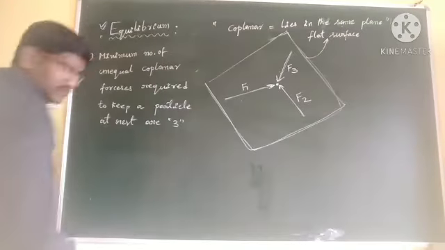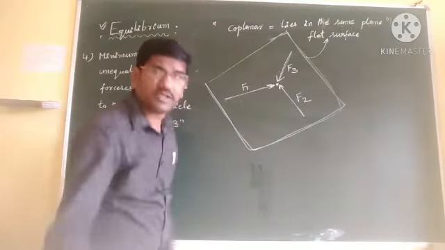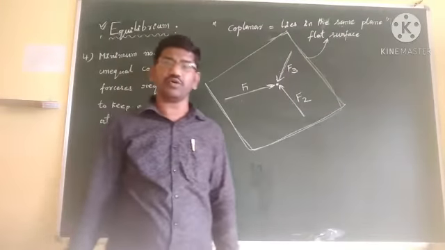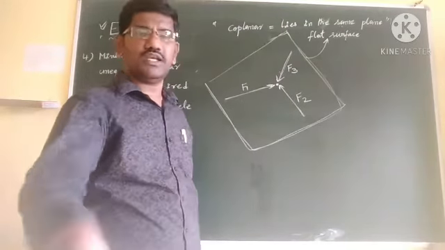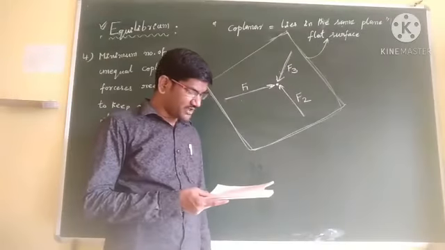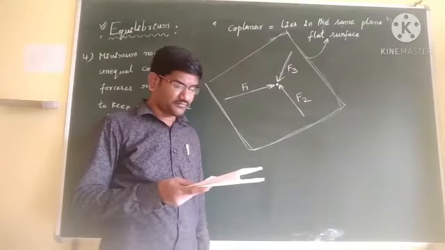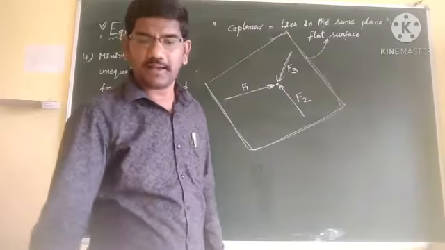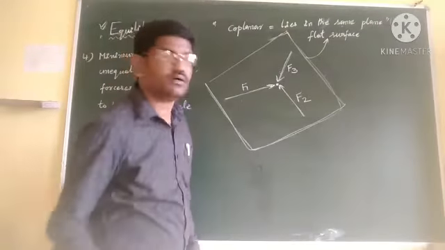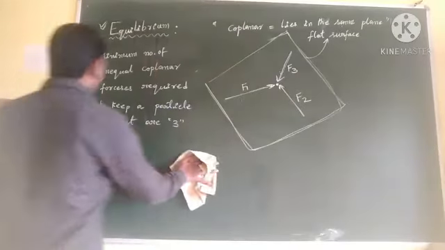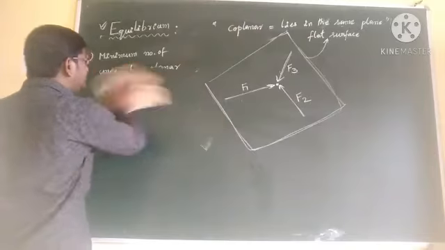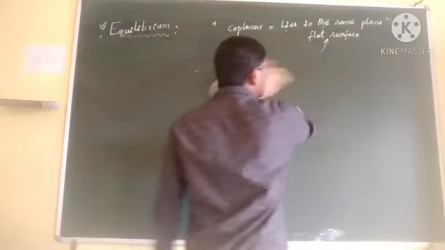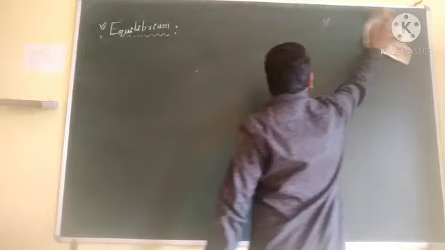So next one, fourth point. Minimum number of unequal non-coplanar forces. Minimum number of non-coplanar forces which can keep a particle in equilibrium is 4.